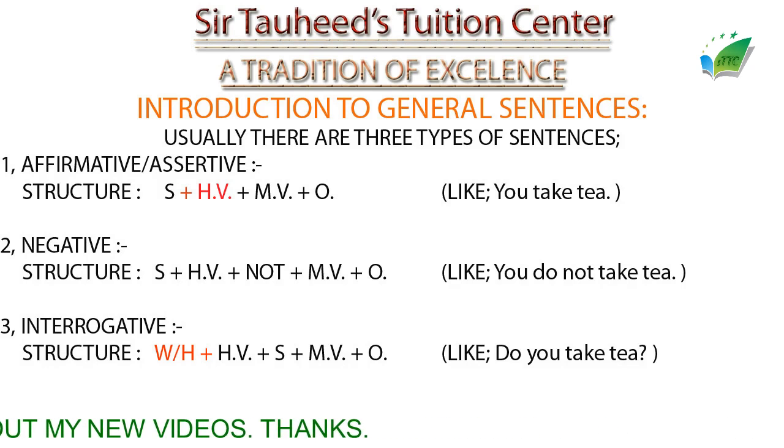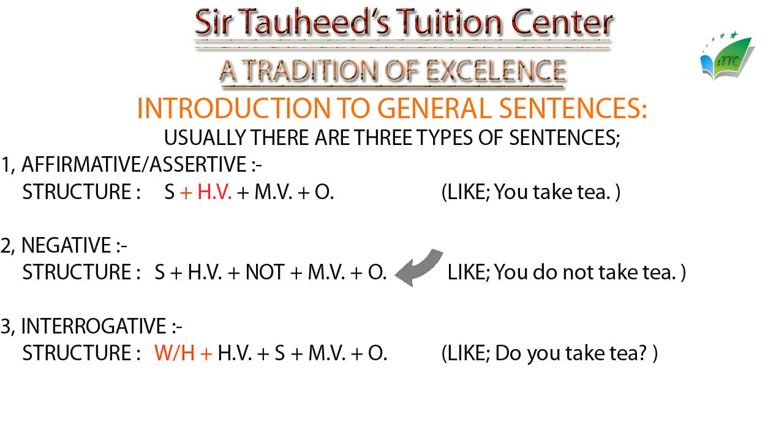The second type of sentence is called negative sentence. Now let's have a look at its structure. In negative structure there are 5 elements and all of them are necessary. None of them is optional or unnecessary.